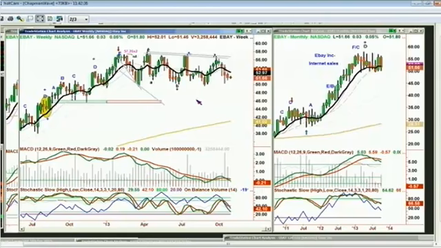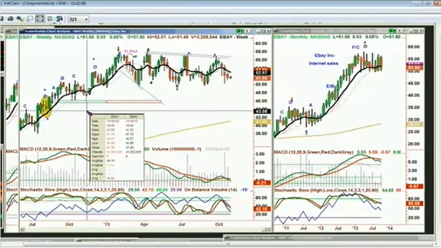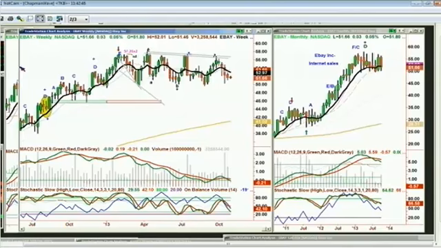But it's probably going to hit the low of 45.66, that low back in November of 2012, if that occurs. So I see very limited upside.